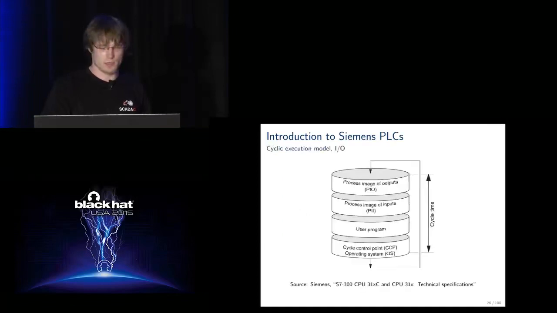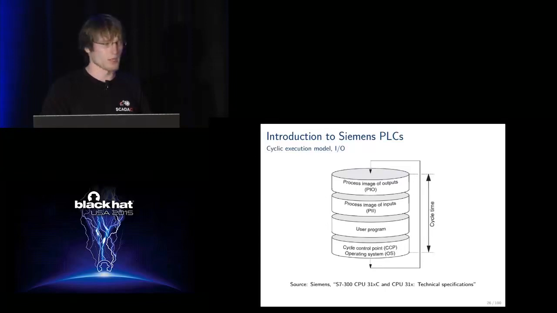So how is the program executed? In contrast to a computer, the PLC program is cyclically executed. At the beginning of the cycle, a snapshot is taken of the inputs and outputs of the PLC and is mapped to a memory. A snapshot is taken because the user program, which is then executed, needs to have a consistent state of the inputs and outputs.